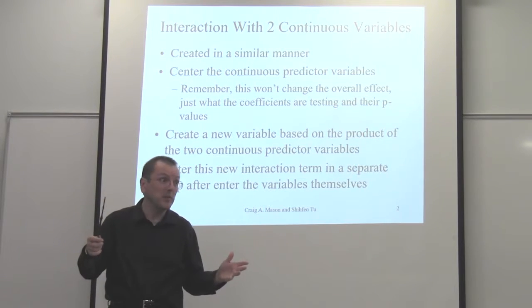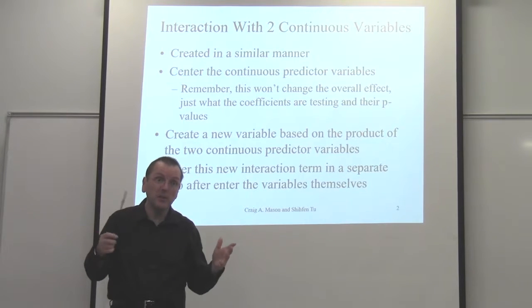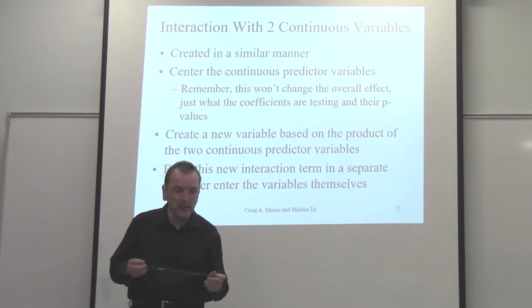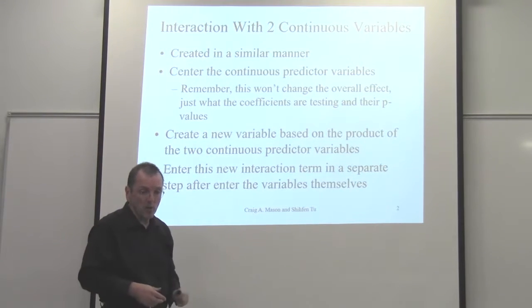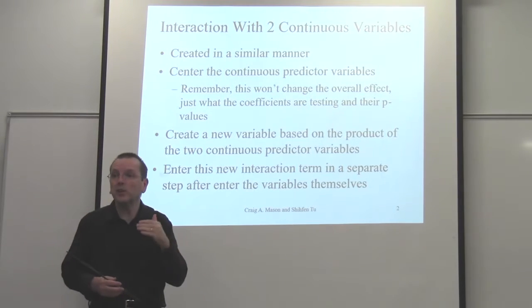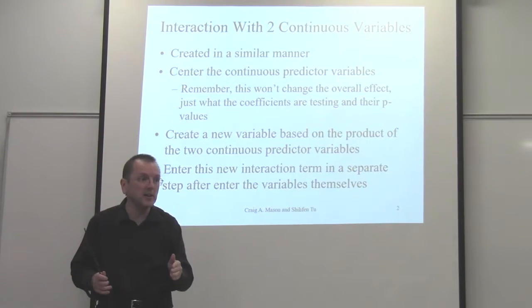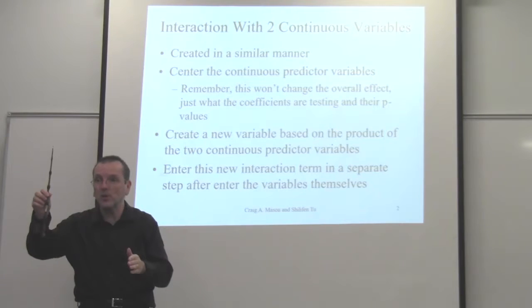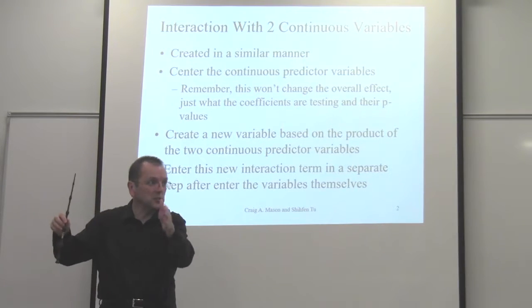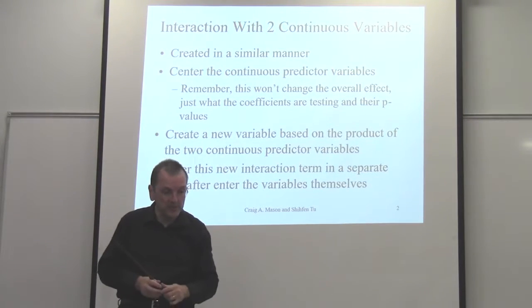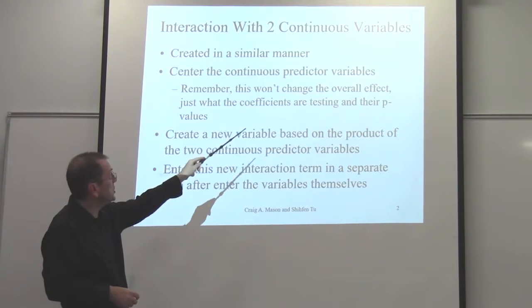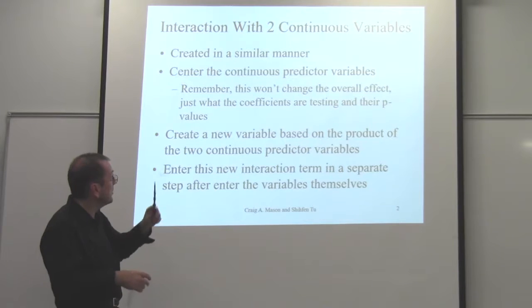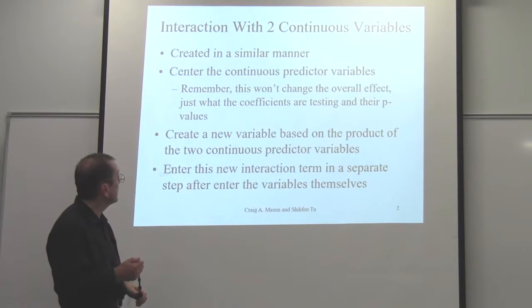Centering won't change the overall effects, just what the coefficients are testing, because now you're not talking about predicted scores at zero. You're talking about predicted scores at the average of those continuous variables. So the coefficients and their p-values will change, but the overall effects will not.